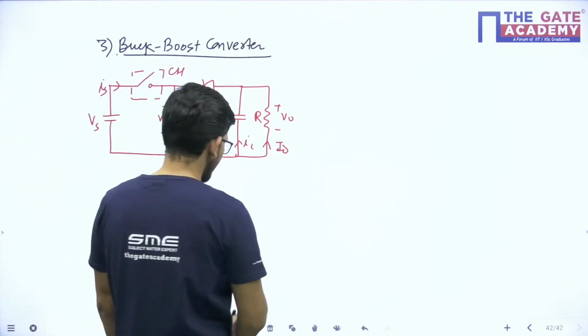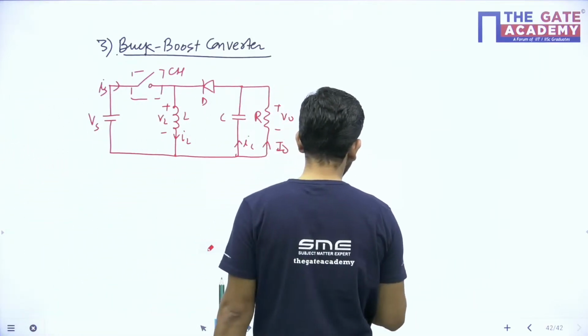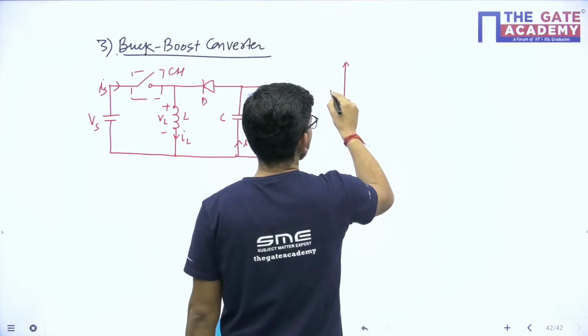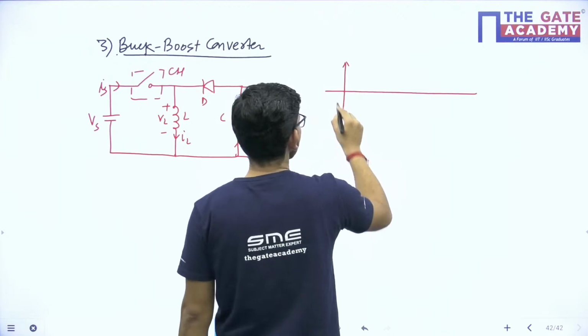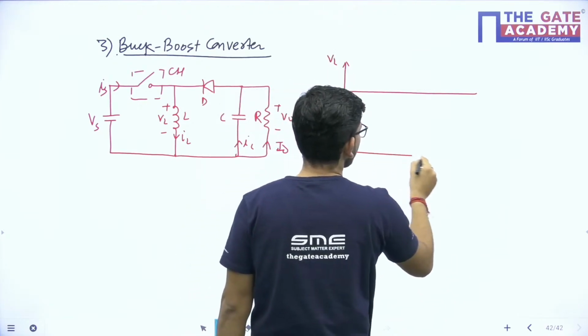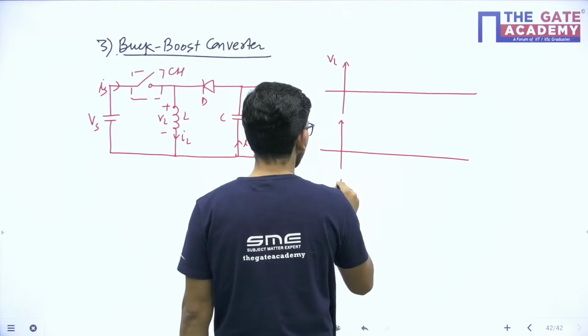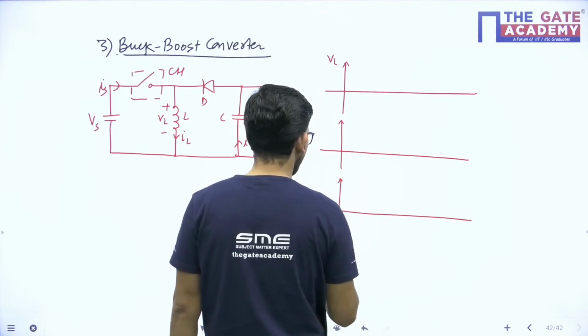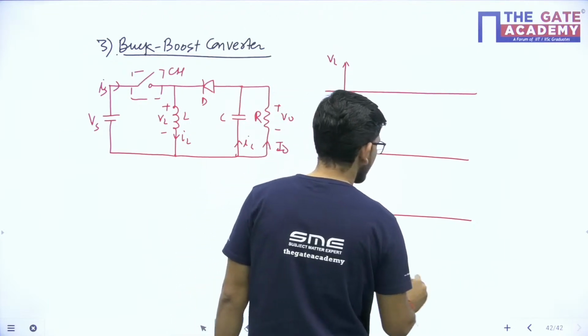Now what will happen? Let me draw the waveforms. First I will draw the inductor voltage waveform, that is VL. After that I will draw the inductor current waveform, then the switch current waveform, and after that the diode current waveform.